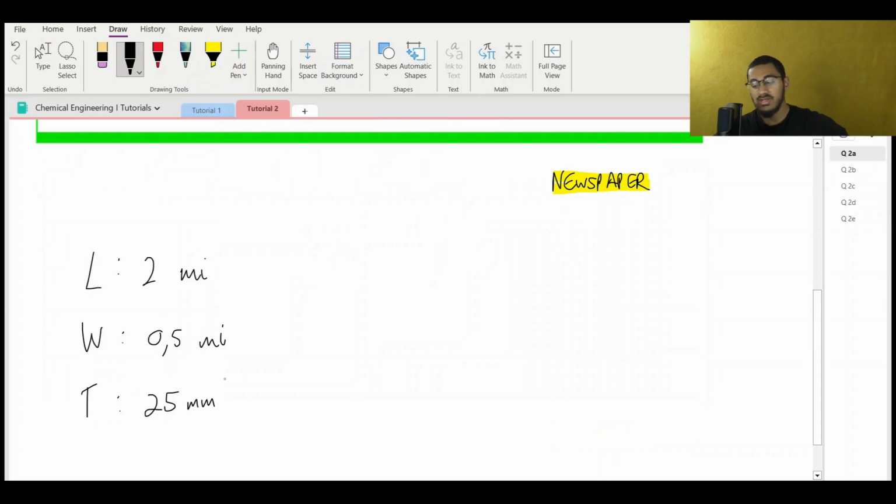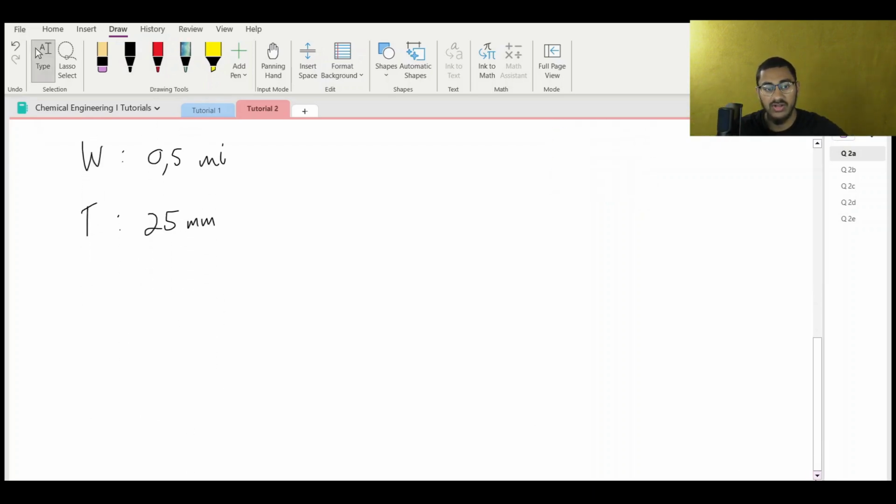So do you agree, if you've got the length, you've got the width, and you've got the thickness, that is the perfect recipe for calculating volume? And if you can calculate volume, because volume is just length times width times thickness, then you can get a liter amount. And then you can compare the liter amount in the newspaper to the liter amount in real life and see if they are equal. Okay, so let's go ahead and do that.